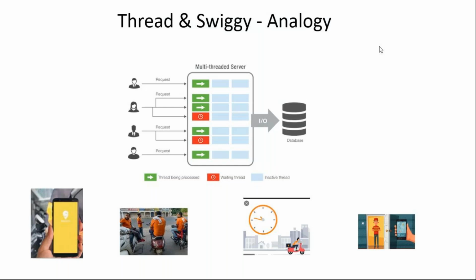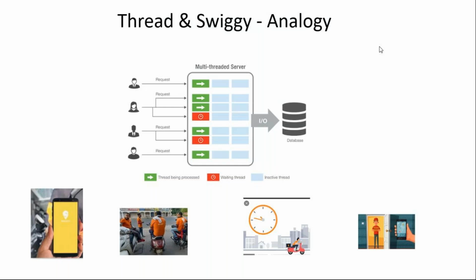Swiggy will deploy more delivery persons in the peak hours, and fewer people during the off hours. Whenever you order, a person who is available, who is free, will be assigned your order. Then they go to the restaurant, wait for the food to get processed, take the food, and deliver it to your home.